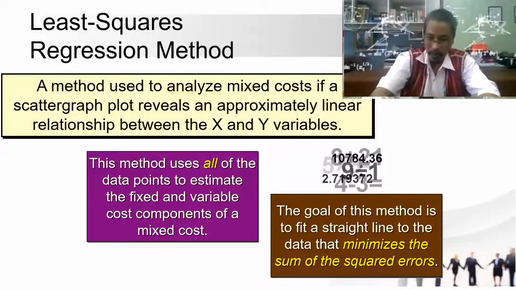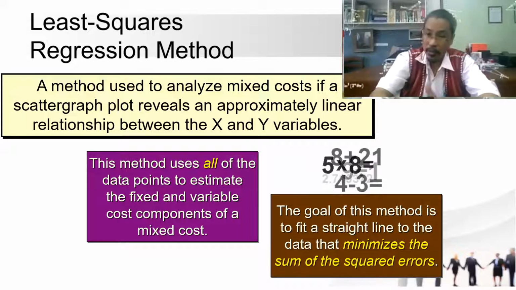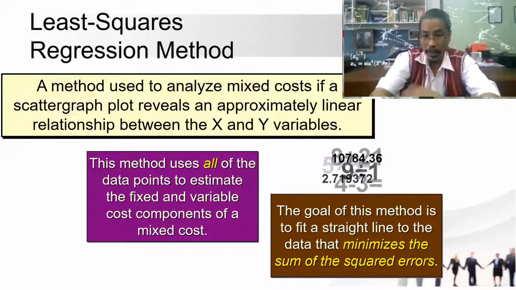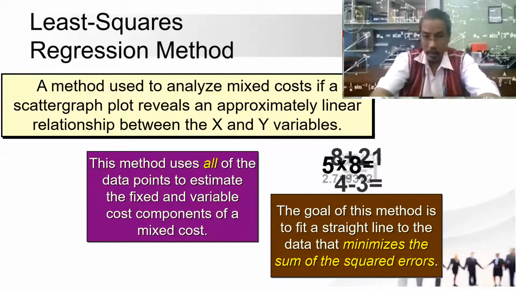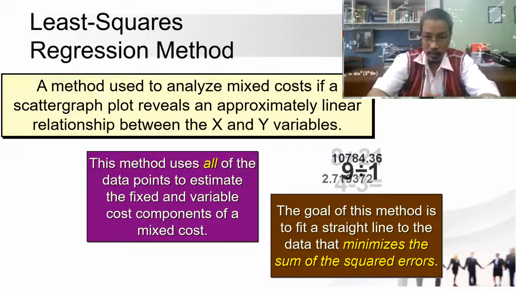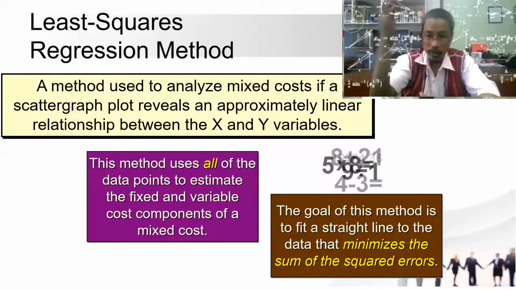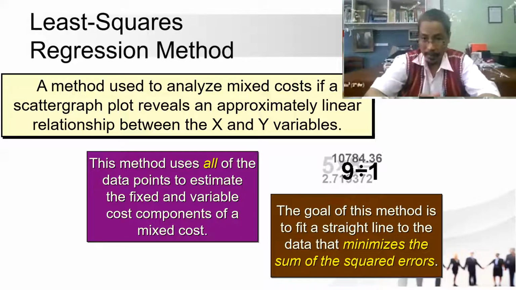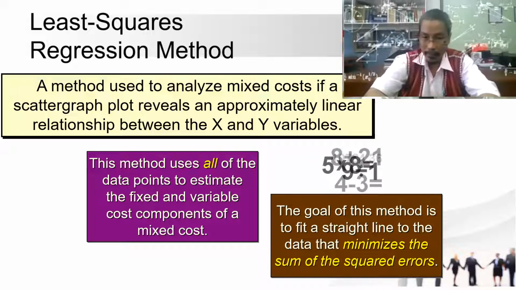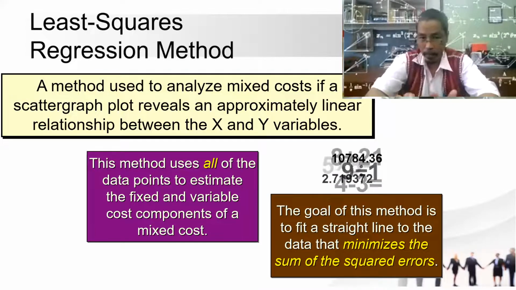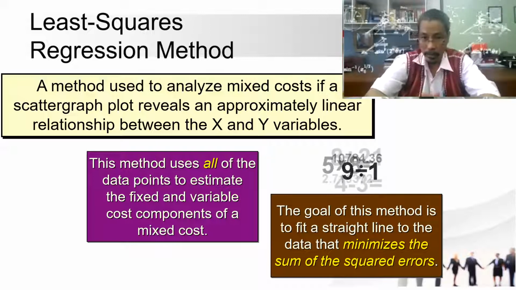Okay, we can do this. Squared errors, to eliminate the effect of positive and negative. If we square the negative, it will become positive. Because of that, the upper and lower data points will not affect the final representation of the data points.